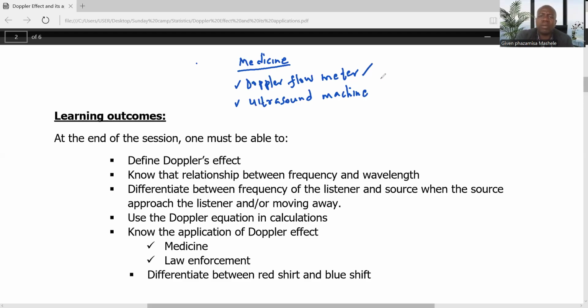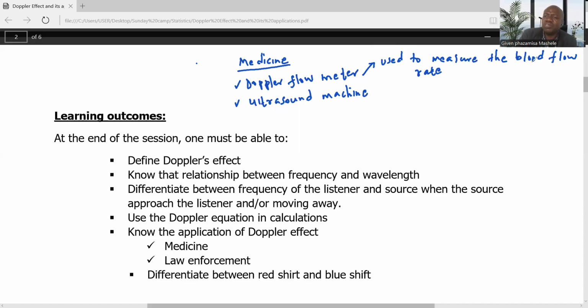Right, what is this Doppler flow meter and what is its function? A Doppler flow meter in medicine is used to measure the blood flow rate, particularly in humans, but not necessarily in humans only.